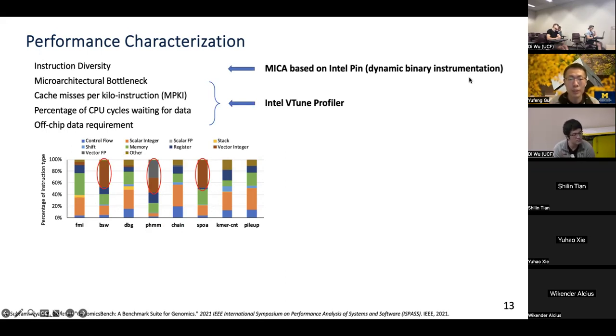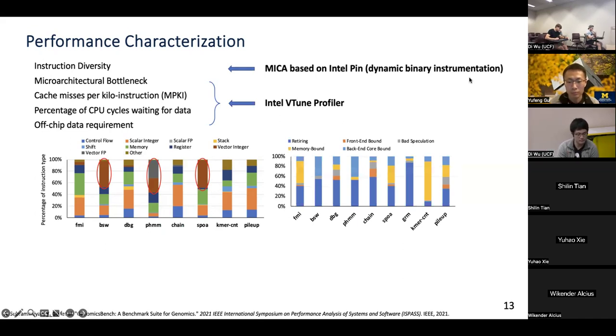We also use the Intel VTune profiler to explore their microarchitectural patterns. The second figure shows the pipeline stalls caused by different reasons. Some kernels are backend core bound, meaning the pipeline stalls are mostly caused by a lack of compute logic, so these algorithms are compute bound. Some other kernels are memory bound, meaning they are mostly bounded by memory access.